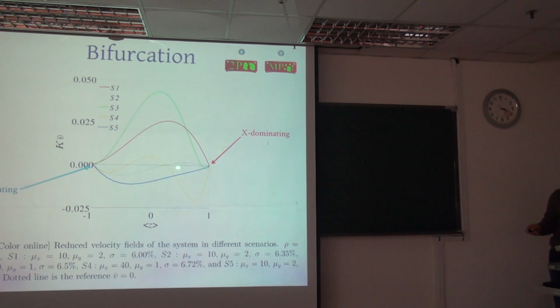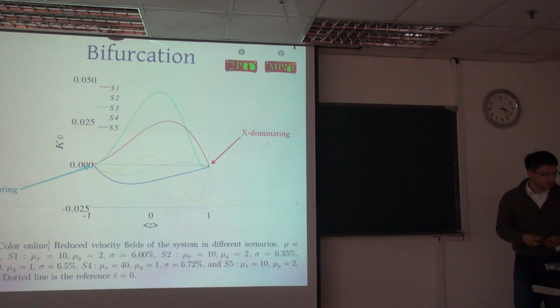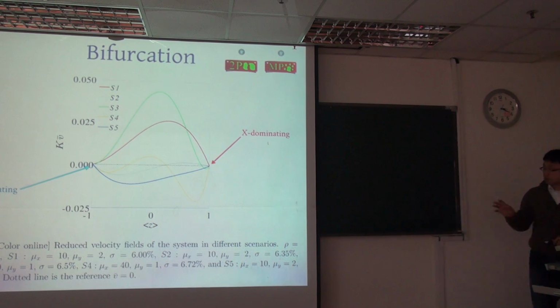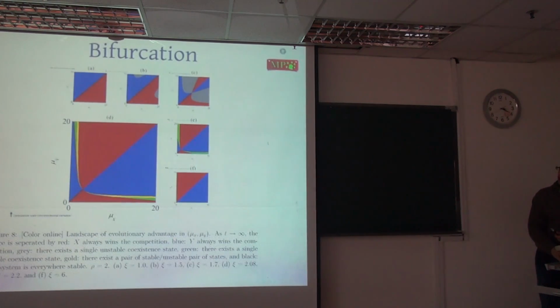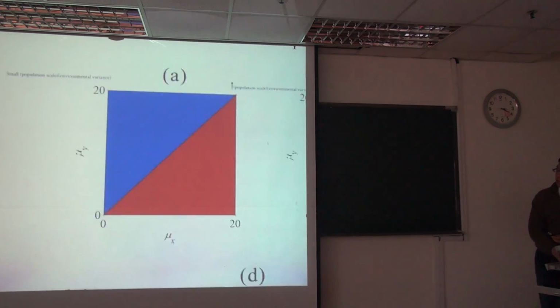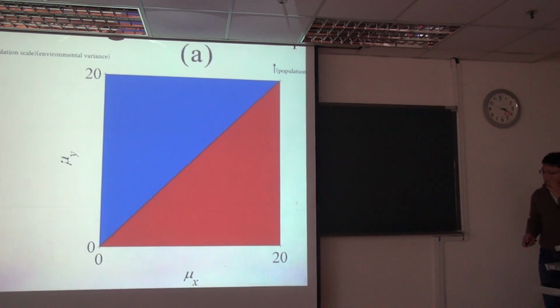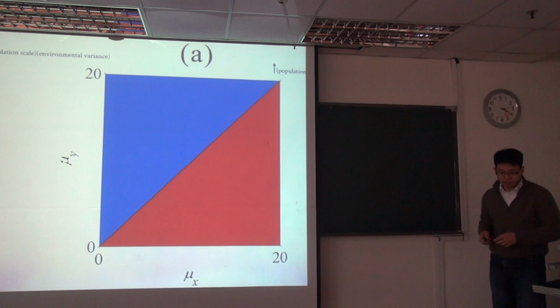So it drives the system to the right when it is in this region, and drives the system to the left when it is in this region. So you can see a coexistence state, and this is a stable coexistence state. You can see an unstable coexistence state, etc. But what is more interesting is we can put together a bifurcation diagram, which is ecologically sensible.